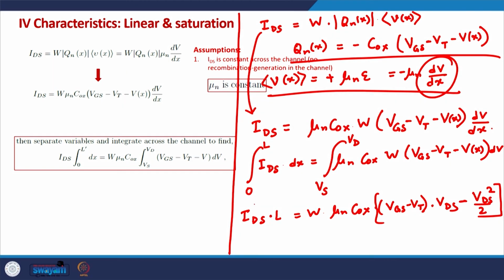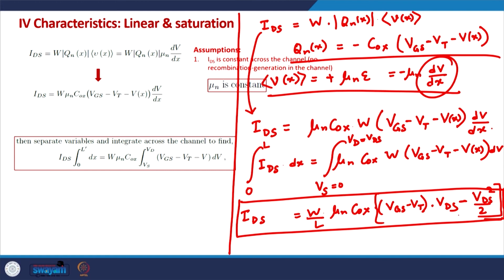So, this voltage will also be from Vs to Vd, Vs is equal to 0, Vd is equal to VDS. So, this is the general expression of the current. This L can be taken to the right hand side, and in that case it will become W by L. So, this is classically, traditionally the way IV characteristics of the MOSFET is derived.